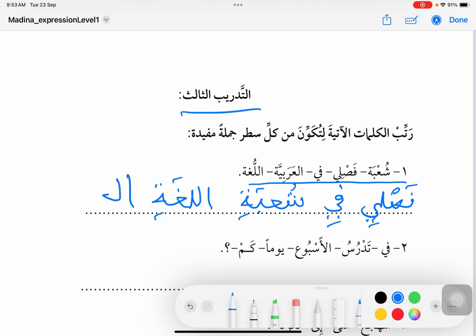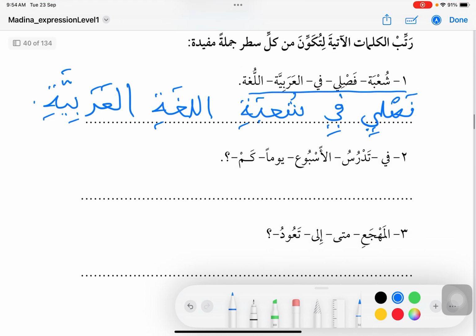لغة العربية. Okay. Next one is في تدرس الأسبوع يوما كم.